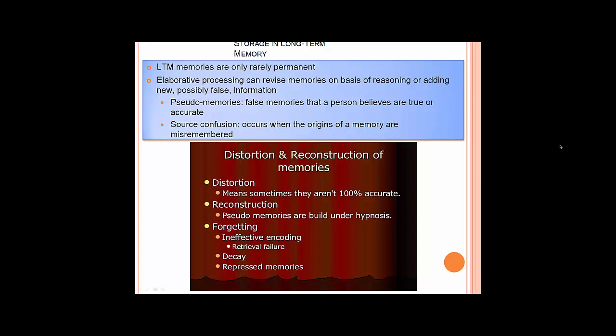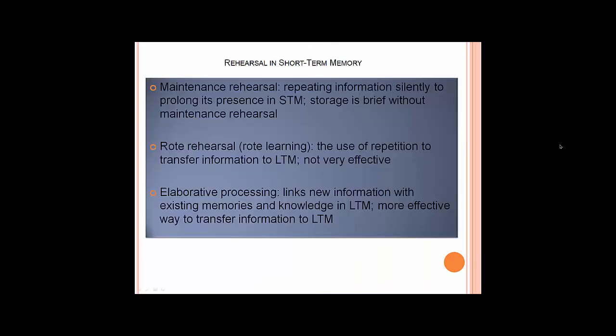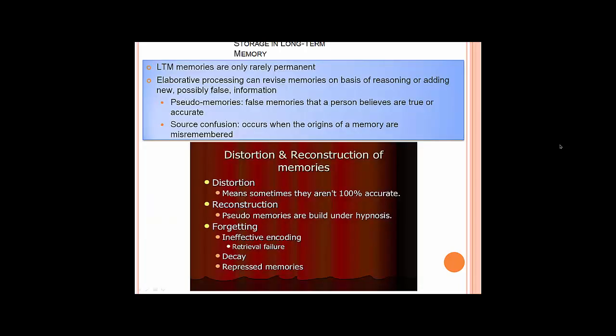Again, considering storage in long-term memory. Long-term memories are only very rarely permanent. But as I showed you on the last slide, using elaborative processing to link new information to existing memories can revise memories on the basis of reasoning or adding new, possibly false, information.